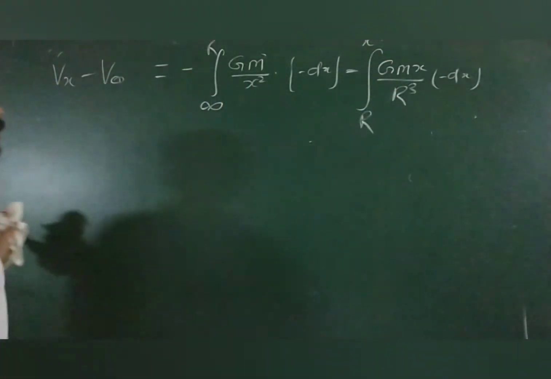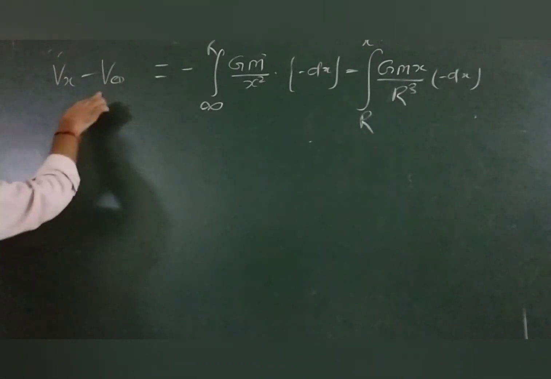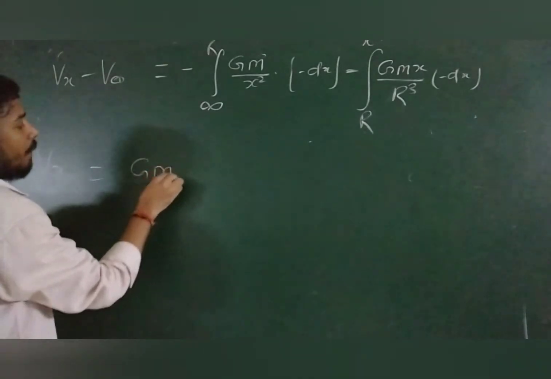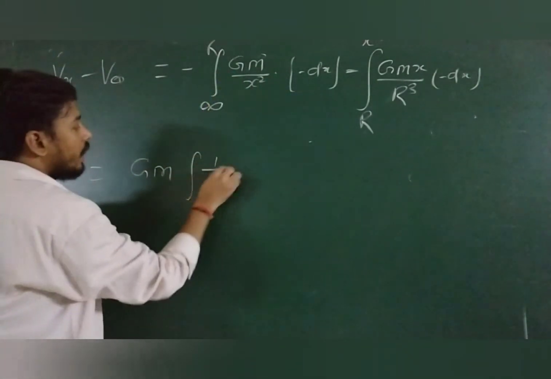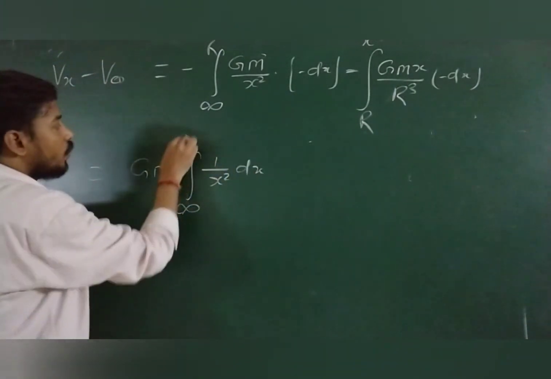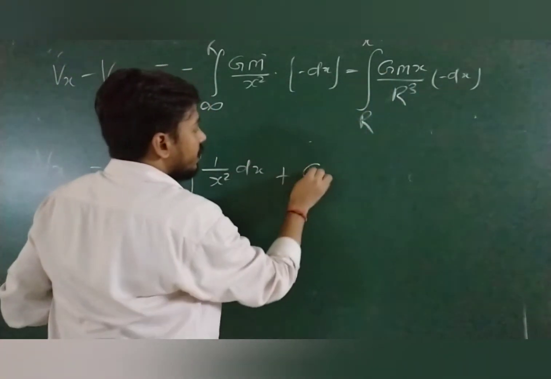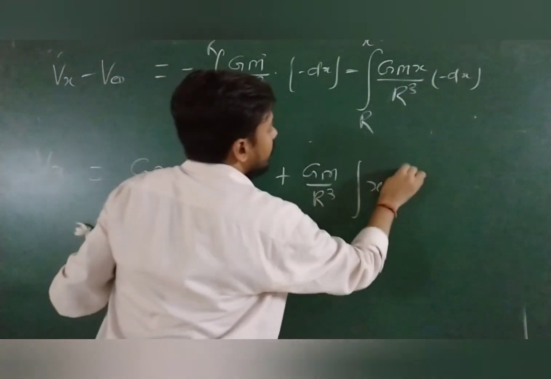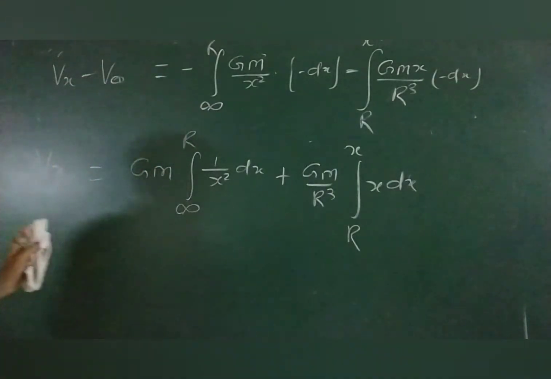Done buddy? Now solve this. This becomes Vx, and V infinity becomes 0 because it is the reference point. Minus minus plus, so GM, 1 by x square dx from infinity to r, and minus minus again plus GM by r cube outside, because it is a constant, x dx with limits r to x.